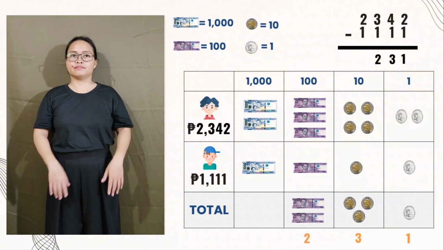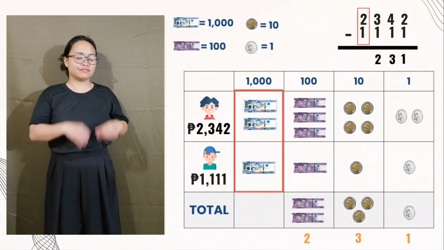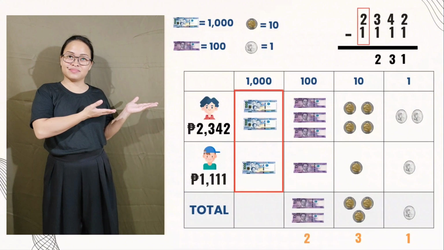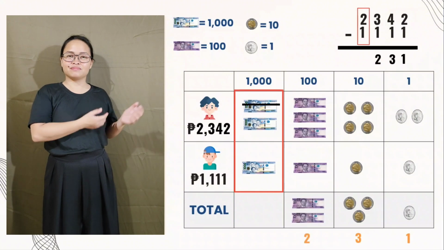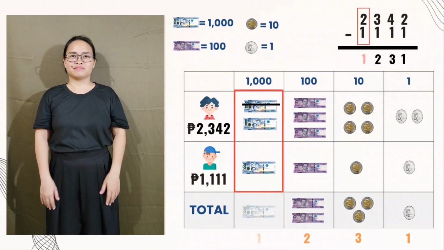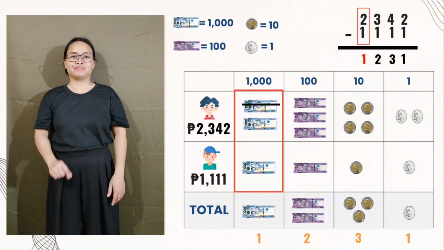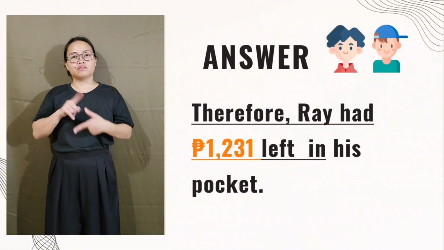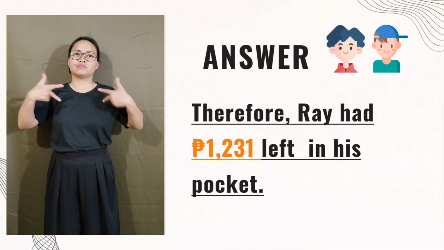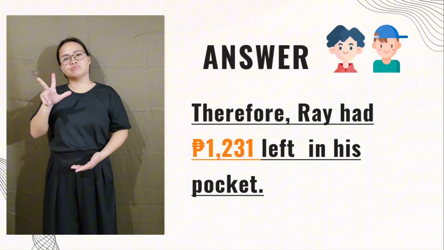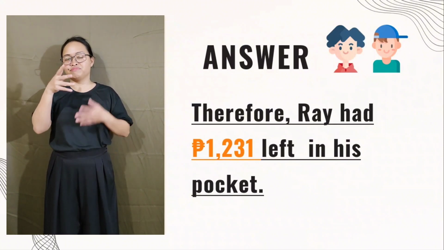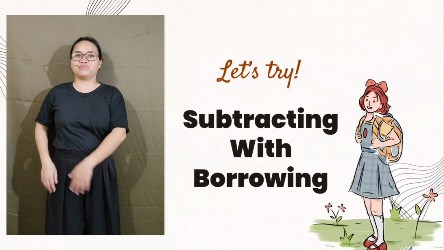Next, two 1,000 bills minus one 1,000 bill. So we are left with one 1,000 bill. Therefore, Ray had 1,231 pesos left in his pocket.